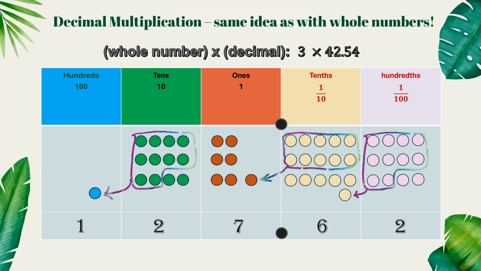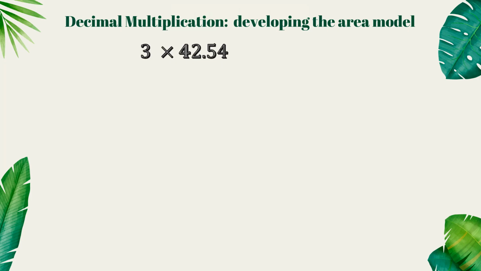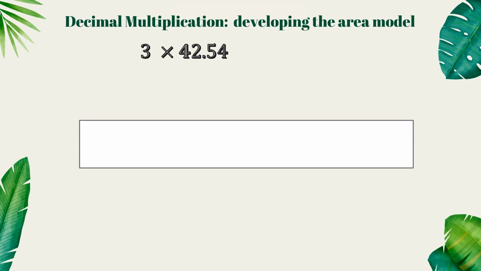Okay. Now, let's look at it as an area model. Area of a rectangle, multiplication problem. We have the height being 3 right there, and the length being 42.54. In expanded form, that would be 40 plus 2 plus 5 tenths plus 4 hundredths.